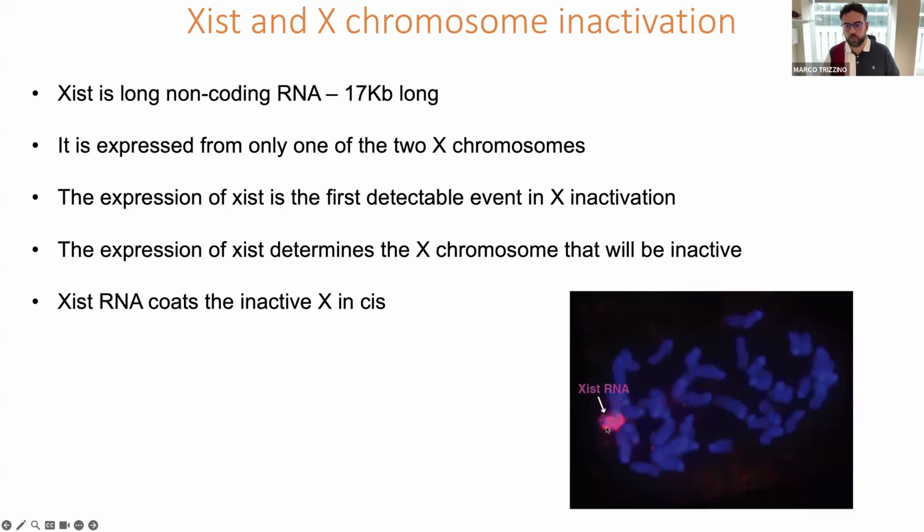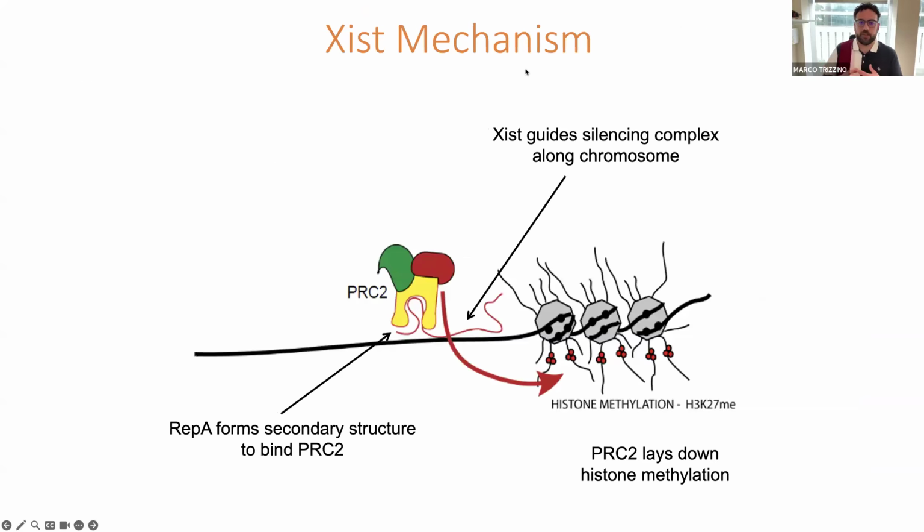So you can see, first of all, here the high expression of XIST. XIST has a domain which allows for the interaction with the PRC2 complex that we have introduced before, right? This Polycomb repressive complex, which again deposits this repressive histone methylation. So what XIST does is interact with PRC2 and bring it to the X chromosome, and this will lead to deposition of this repressive histone methylation across the entire chromosome.